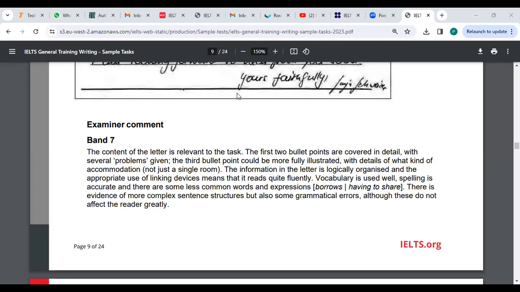Spelling is accurate, and there are some less common words and expressions, such as borrows, having to share. There is evidence of more complex sentence structures, but also some grammatical errors, although these do not affect the reader greatly. Thank you, sir.